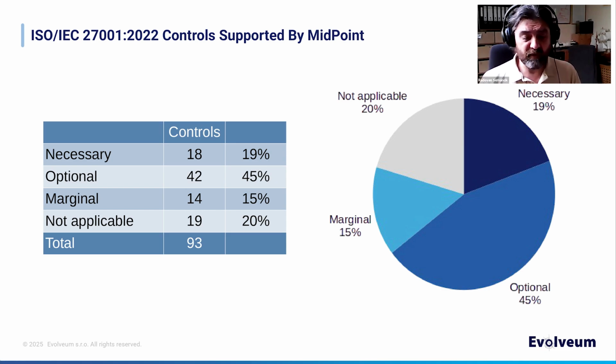That means that if you have a larger deployment, identities at scale, then you will need some kind of automation that MidPoint or similar products provide. You can see the details either in the statement of applicability or in the documentation on our website.